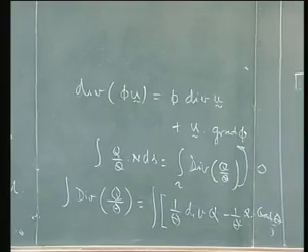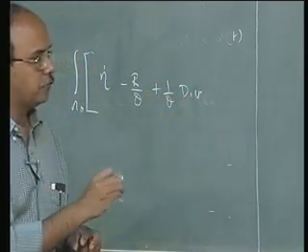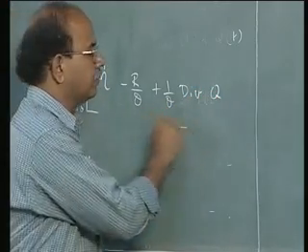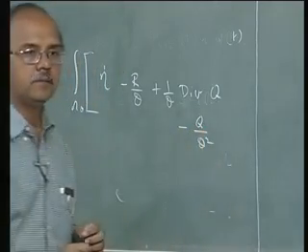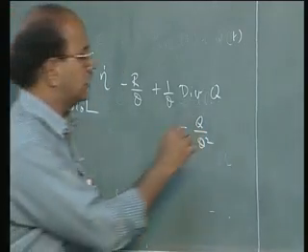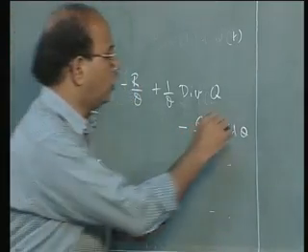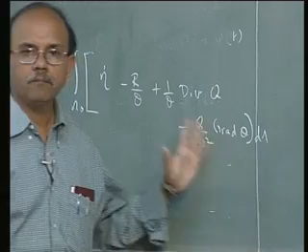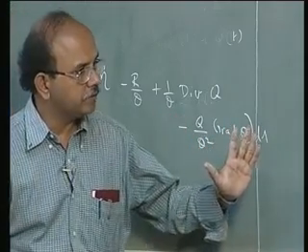So that will be plus 1 by theta divergence of q, right, minus q by theta squared into grad of theta, okay, the whole thing d omega, okay. I hope I have not left out any term. Yes.